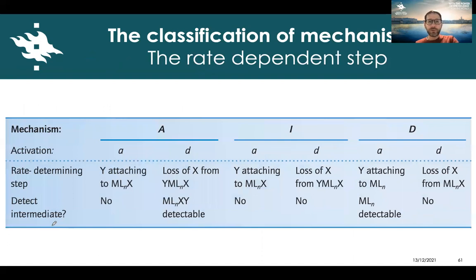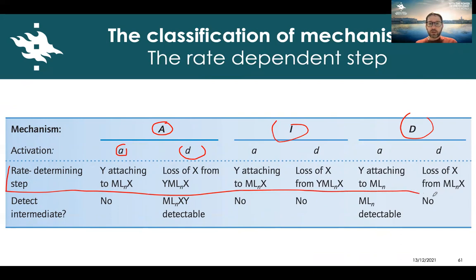So here is a summary of the different mechanisms: associative, interchange, and dissociative, and the activation that can be associative or dissociative in all cases, and here showing what would be the step that is determinant for the rate of this reaction.